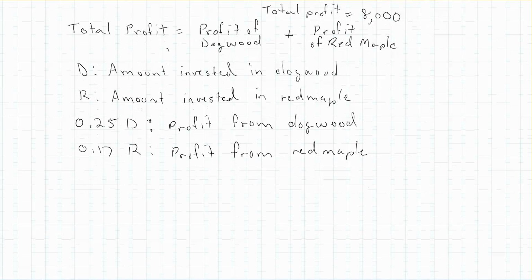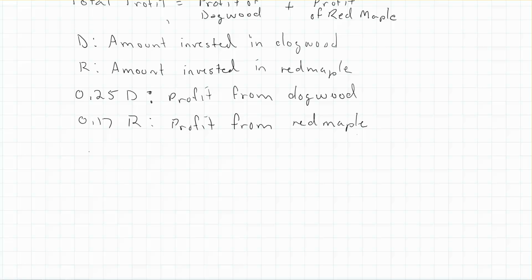Alright, and then we'd still get the same thing here. Total profit is 8,000, and that's going to be 0.25 D plus 0.17 R.